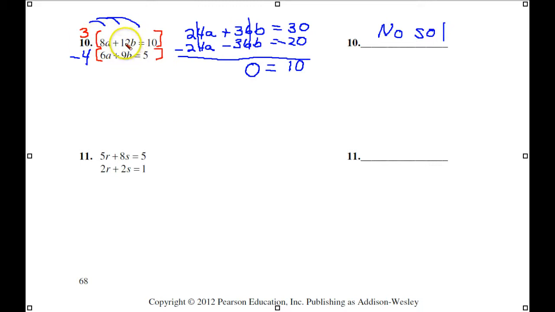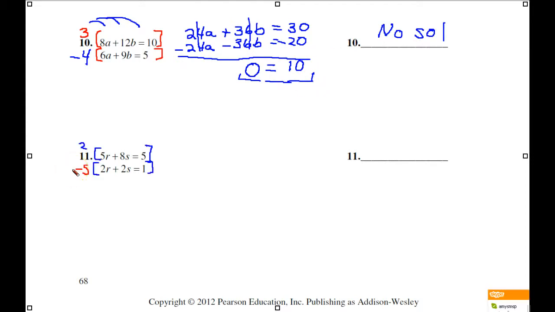How did we figure that out? Well, we modified the equations to make them equivalent equations so that at least one term would cancel out. Here we had two terms cancel out, and we got a not true statement. And when that happens, there's no solution.